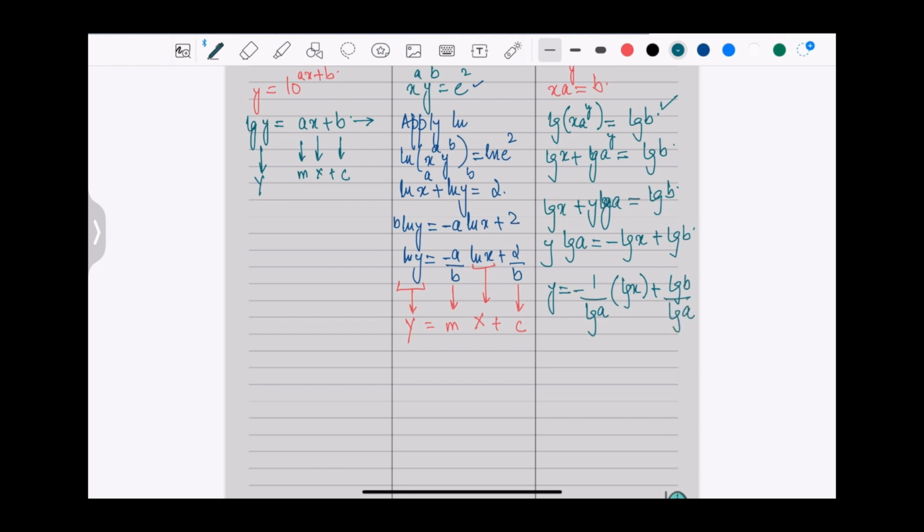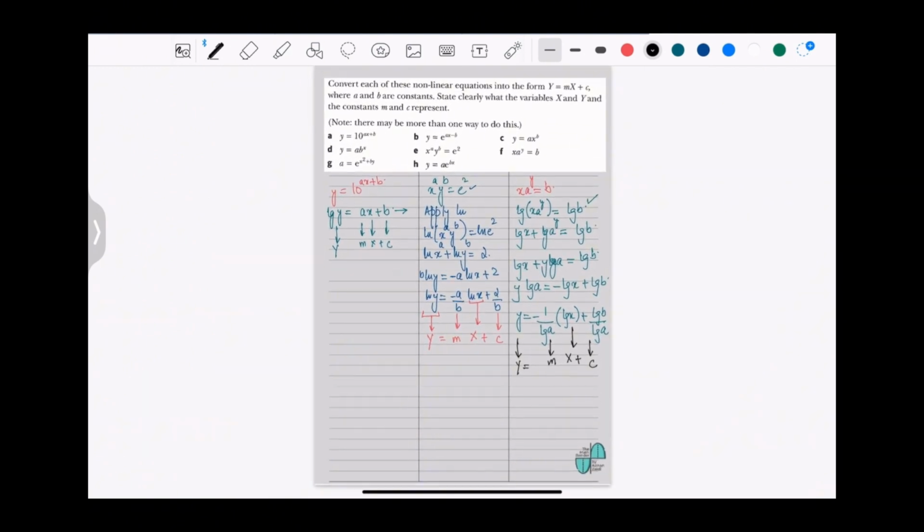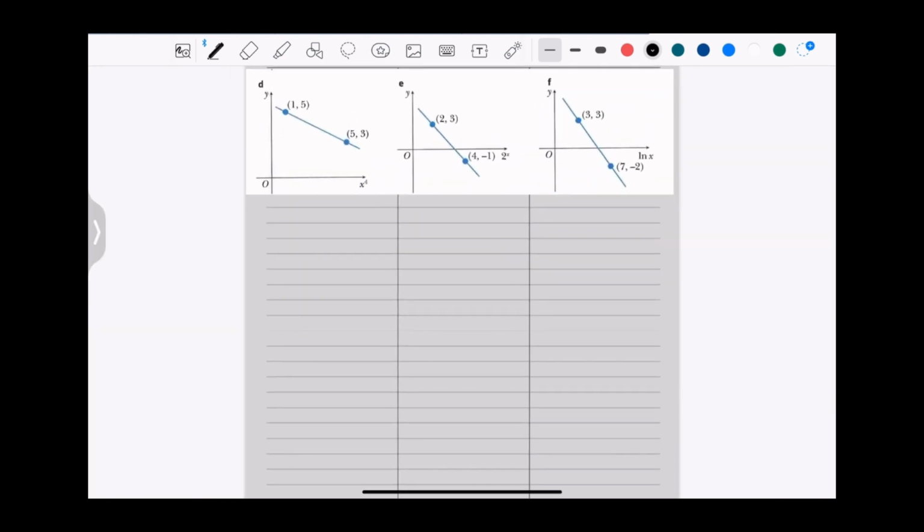Now in this situation, as you could see, the y-axis remains as y equals, this is m, this is the x-axis where the x-axis represents lg x, plus this is c. Let's move on to some already graphical representation where you have to find out.